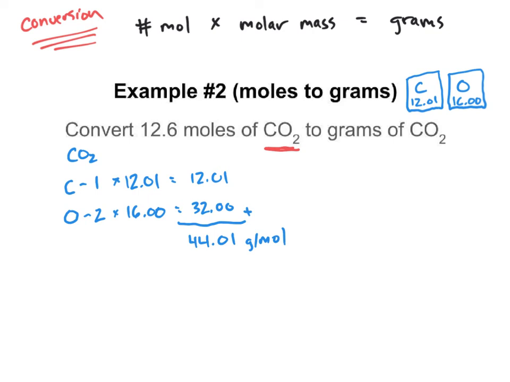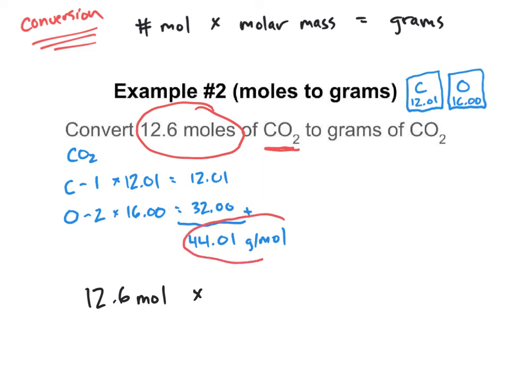That's the math work, so let's go ahead and do it like normal. The number of moles they give me in this problem is 12.6 moles, and all we have to do is multiply this by our molar mass. It's a good thing you learned how to do molar mass, because now it's just another step in the conversion problem.